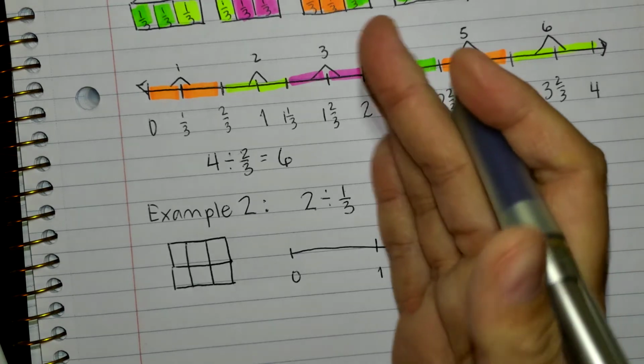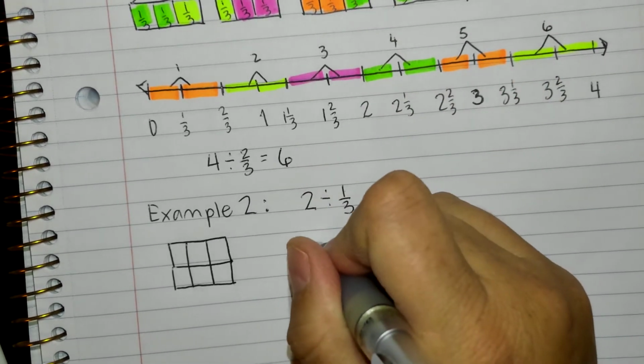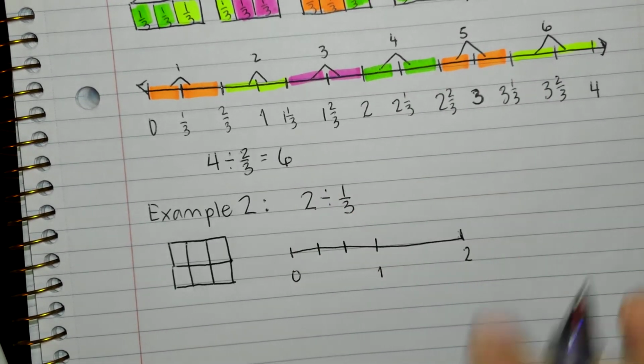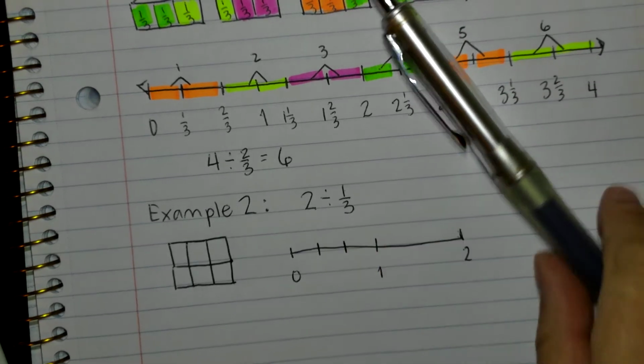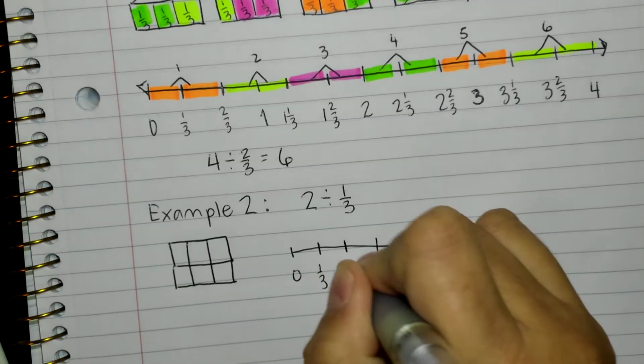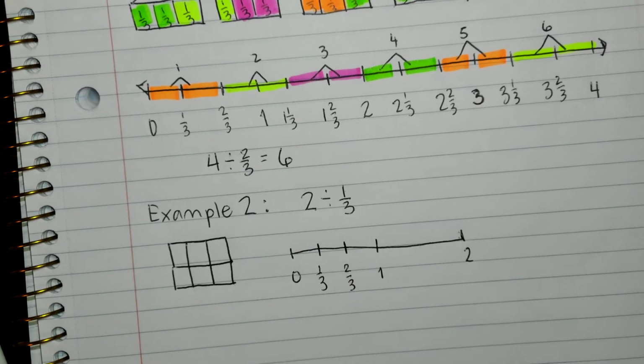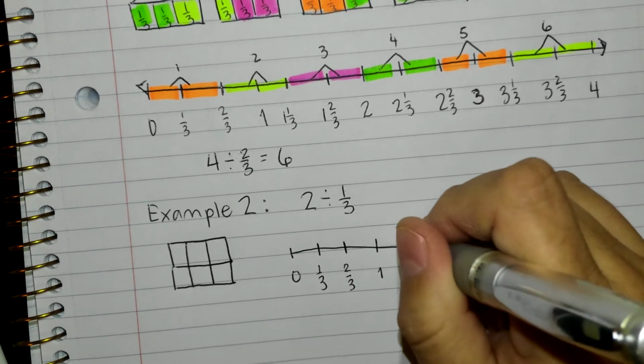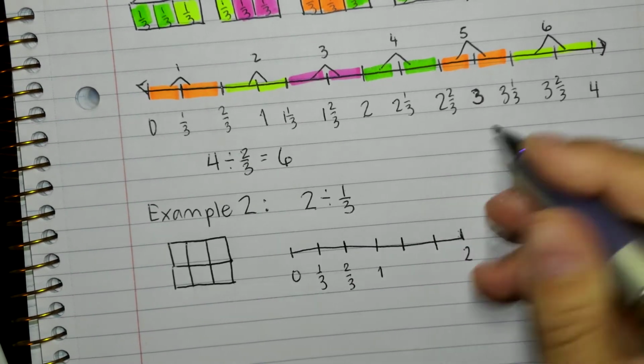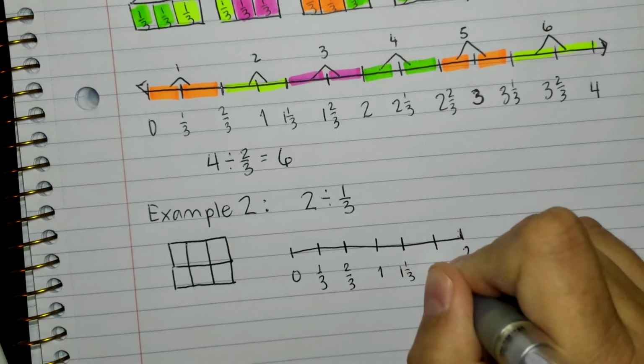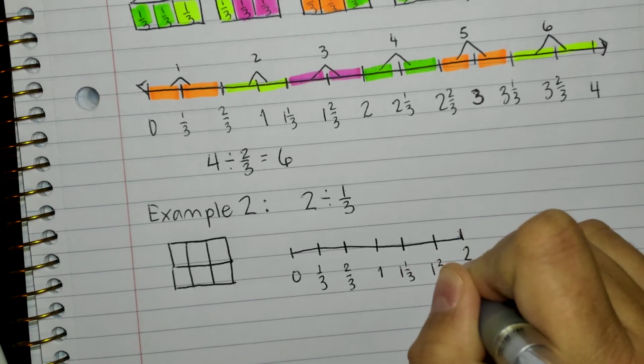And then between 0 and 1, I make 2 cuts for 3 pieces. So I have 1/3, 2/3. And then between 1 and 2, I also make 2 cuts for 1 1/3 and 1 2/3.